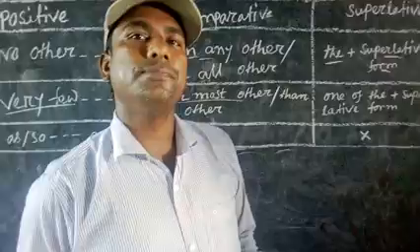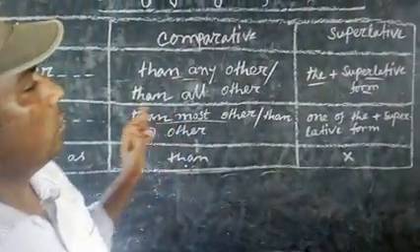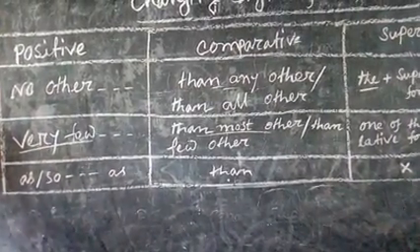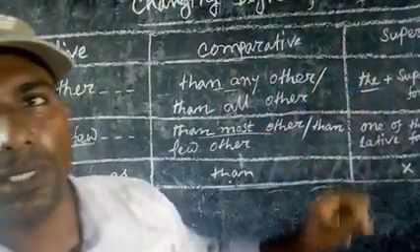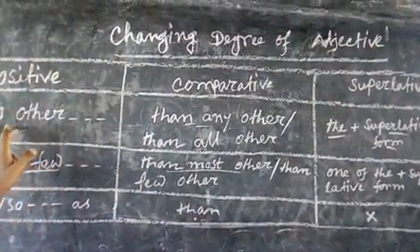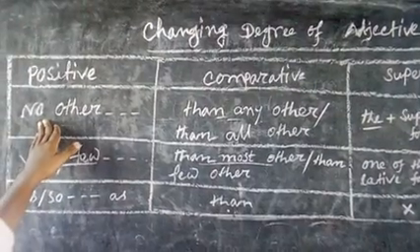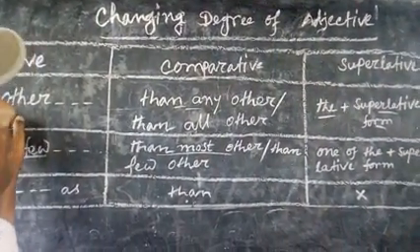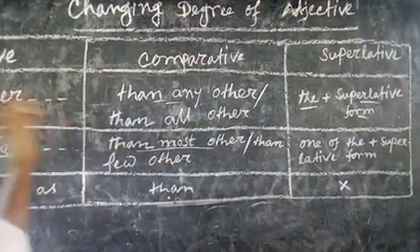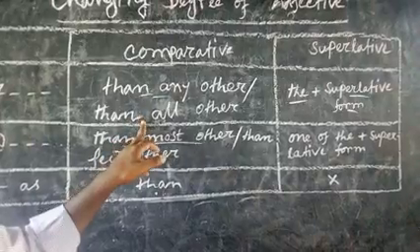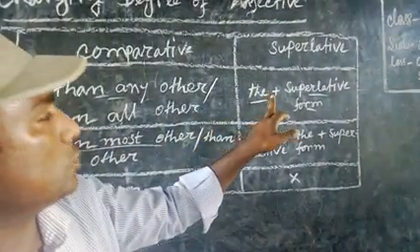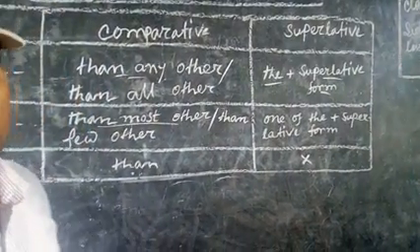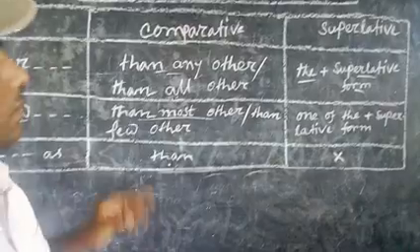Dear students, look at the board. There is a shortcut table here: positive, comparative and superlative. If the positive sentence begins with no other, to transfer it into comparative we have to use than any other or than all other, and in superlative we have to use the plus the superlative form of that positive degree.